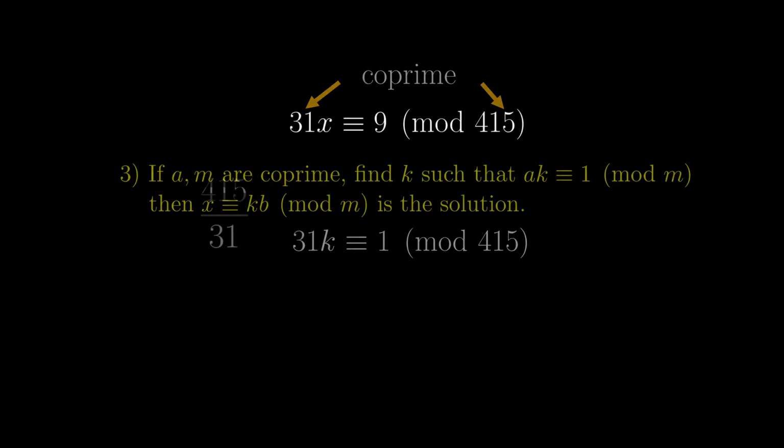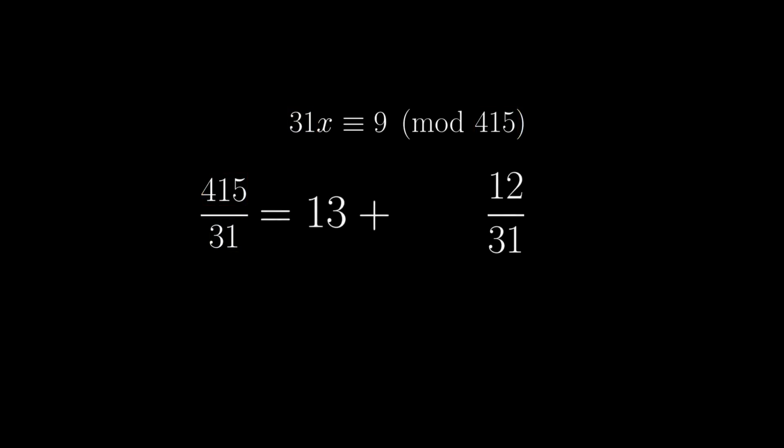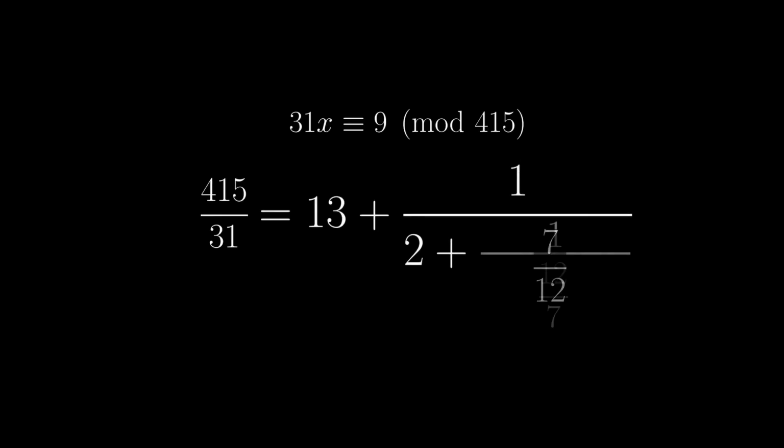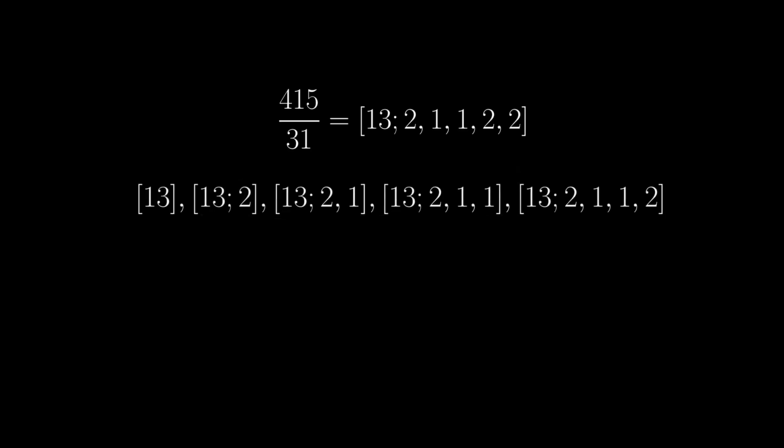We first consider the continued fraction expression of 415 over 31. And then now, we can consider the penultimate continued fraction convergent.